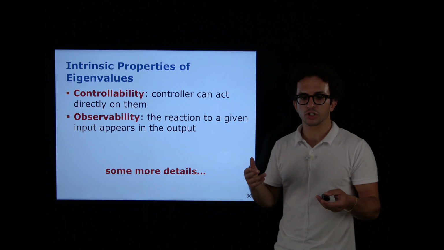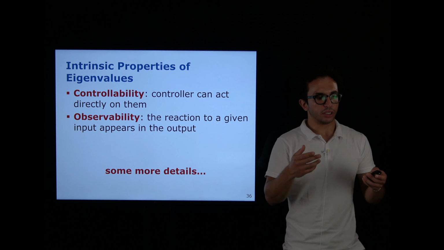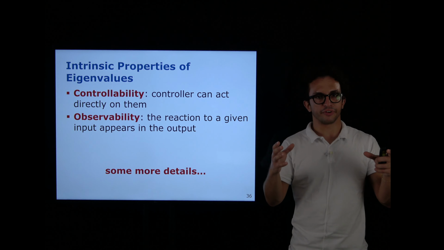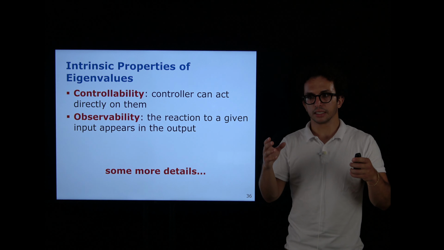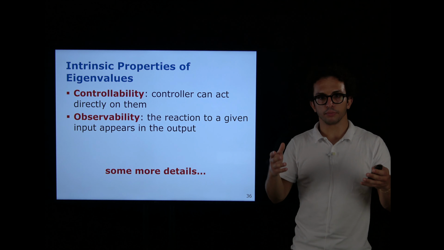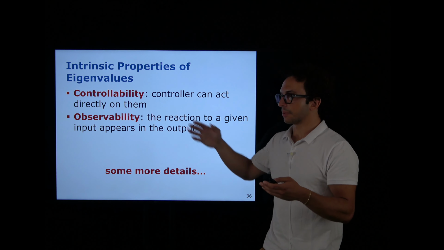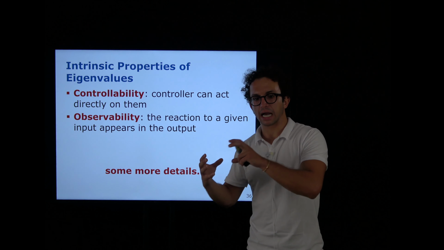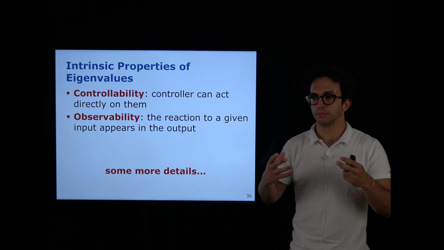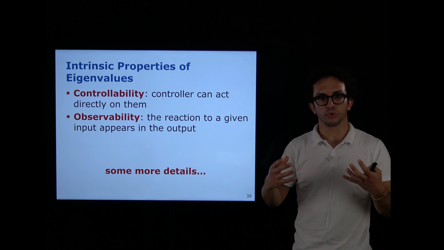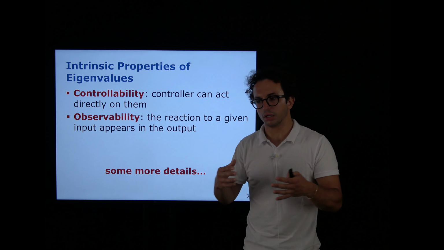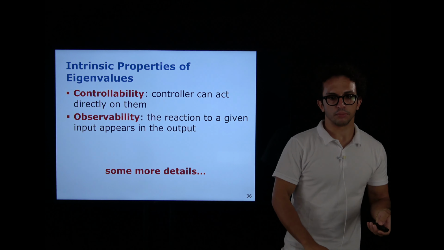Also, you can imagine that when you have this closed loop input-output transfer function that we built, it means that something can be reached by the controller, so the controller can act on it. The other one has to be seen in the output. So this is somehow the intuition behind it.